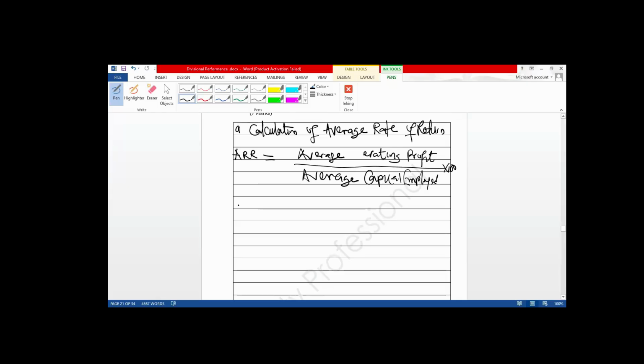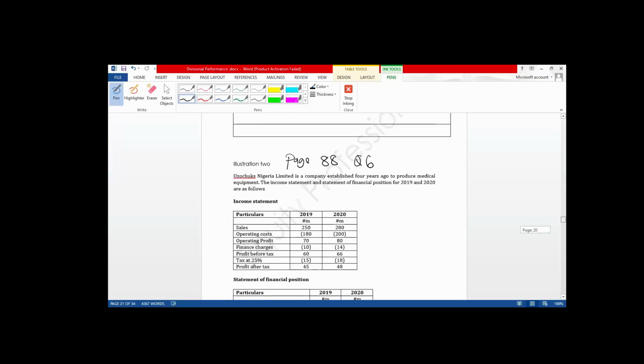Without wasting time, take your year 2019, 2020. Your operating profit, profit before interest and tax. Go back to the question. Operating profits, 70 million, 80 million.